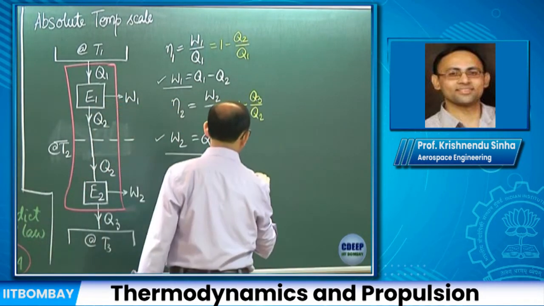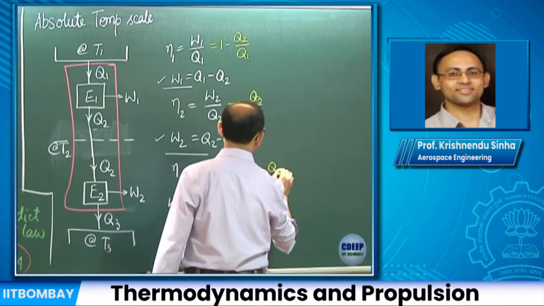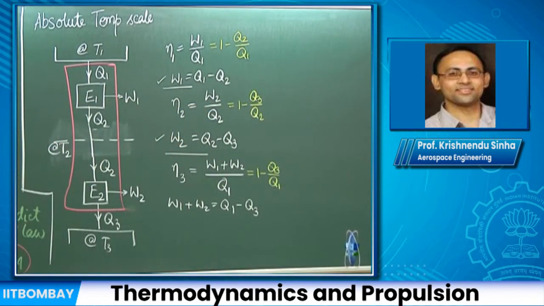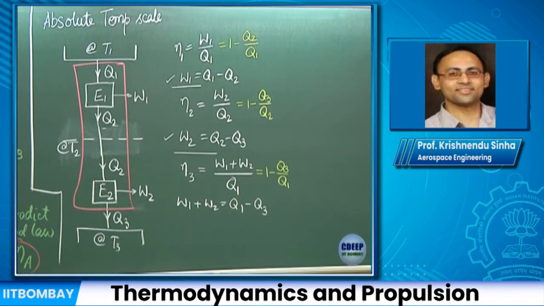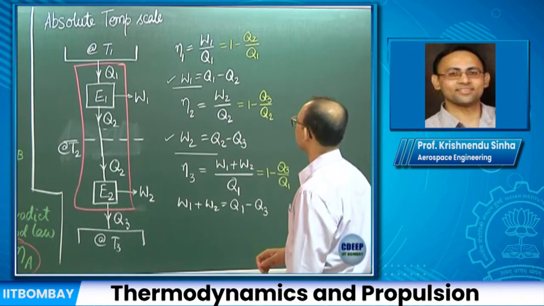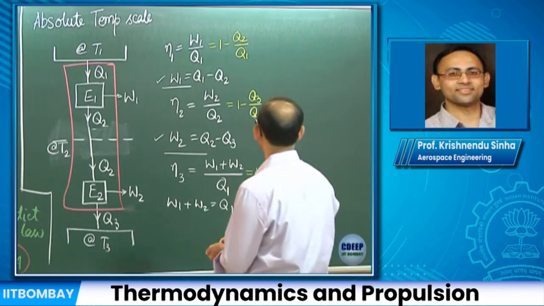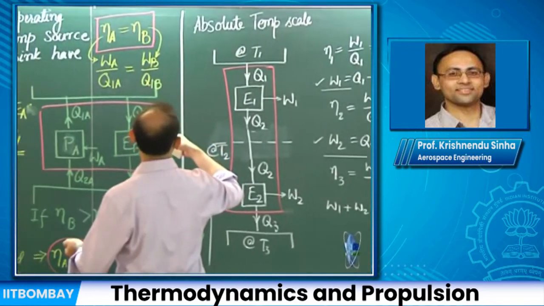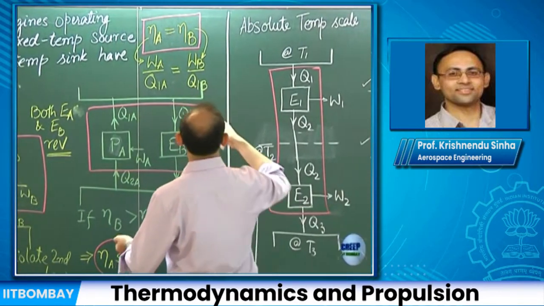And eta 3, the combined one, is 1 minus Q3 over Q1. And put in one more thing here by saying that, in fact, let's use it here.